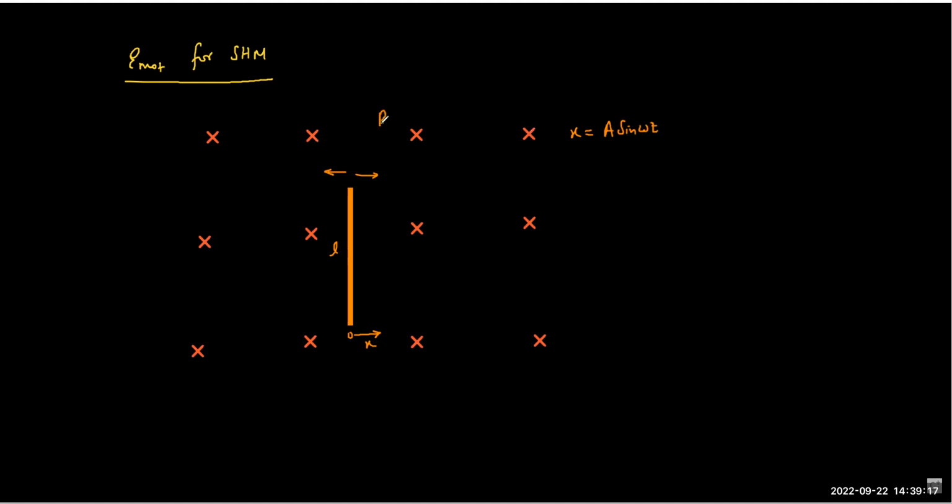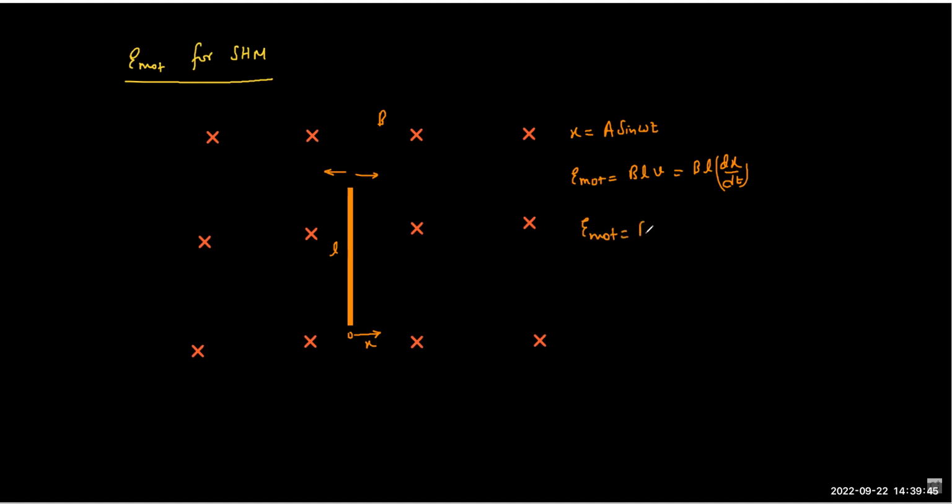Now the formula of the induced EMF remains the same. It is BVL, or you can say BLV. So BLV we can write as BL, and V we can replace by dx by dt.